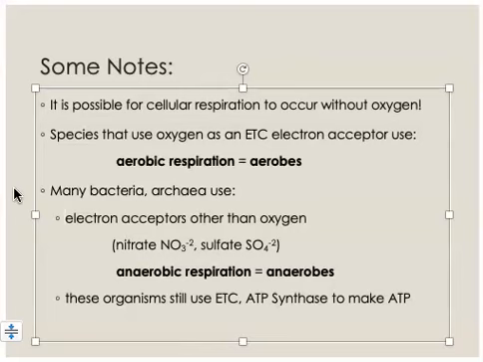For example, some of them use nitrate, some of them use sulfate, and even carbonate as a final electron acceptor. These organisms are doing anaerobic cellular respiration and oxidative phosphorylation. They're doing it without oxygen being involved.